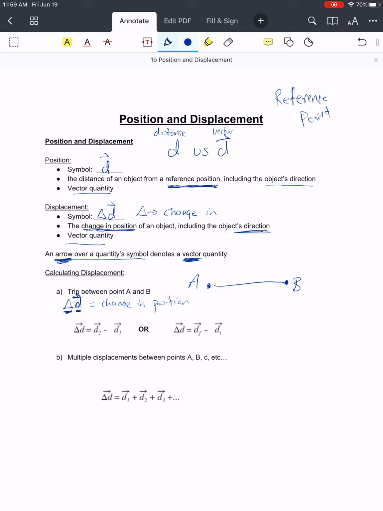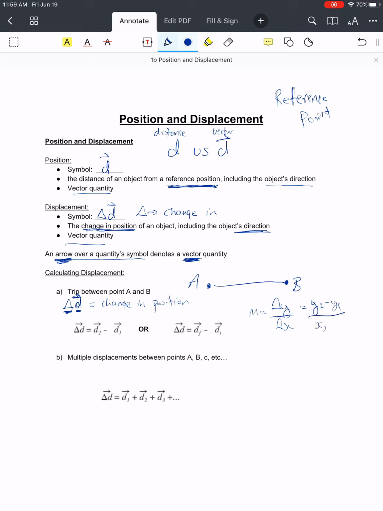So by definition, the symbol actually tells you what the definition is. It's change in position. Now, whenever you're doing change in, you're always going to do the final minus the initial. We've seen this before. If you look at delta y over delta x, if this was slope, from grade 9, slope is delta y over delta x. Delta y, the change in y, is y2 minus y1.